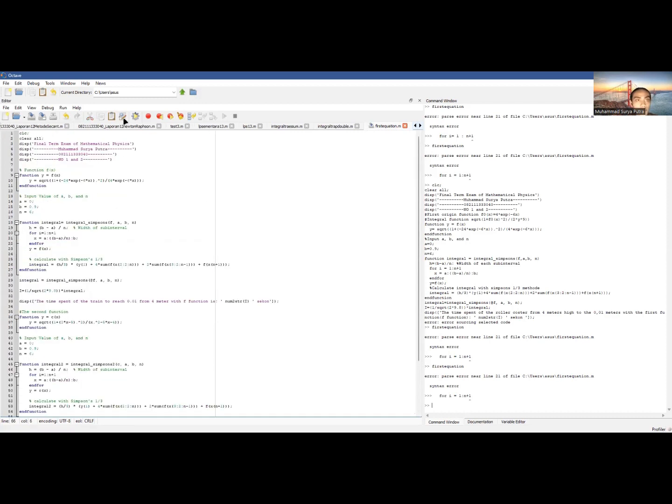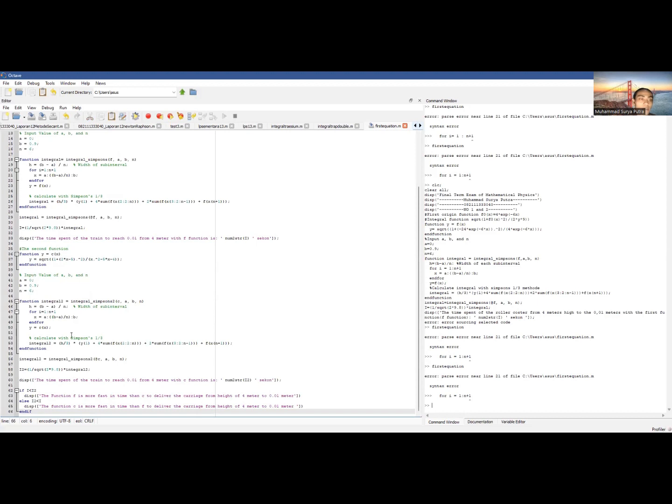I already have this. This is my second function that I already have. The original function is x squared minus 5x minus 4, which is the peak of the height of the y of the fx or the gx function at 4, and the bottom is actually at 0.